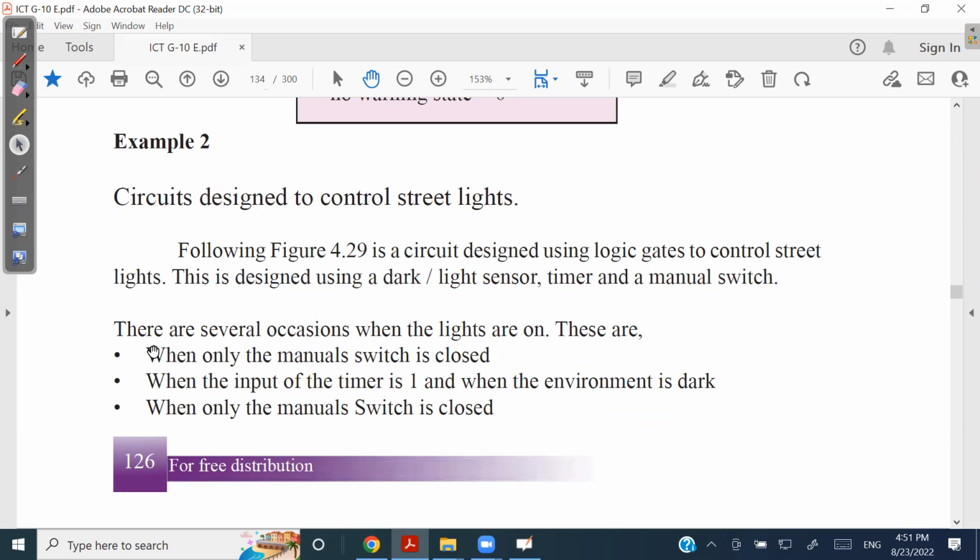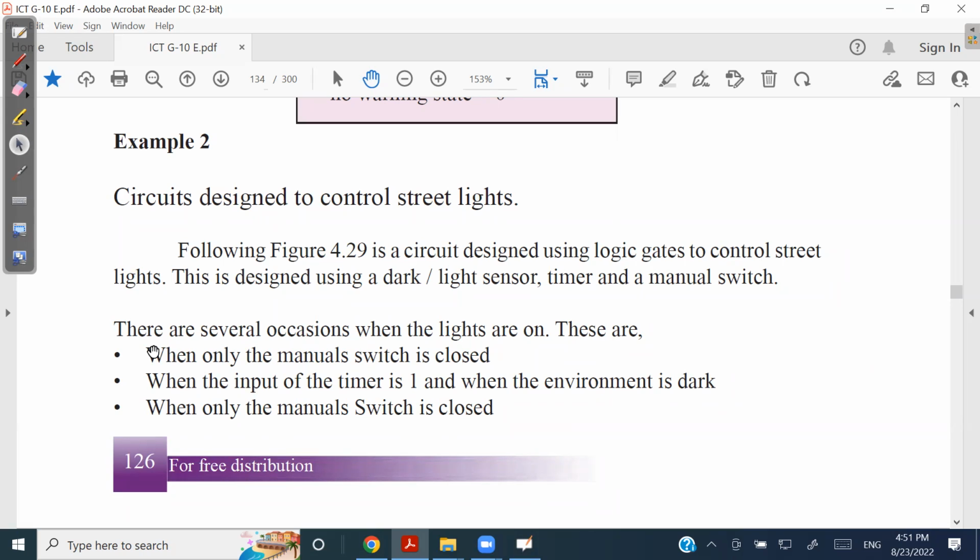Because in my copy, the first and the third sentence were the same. Is it the same in your books as well, Peter? Sir, when only the manual switch is closed. Okay.